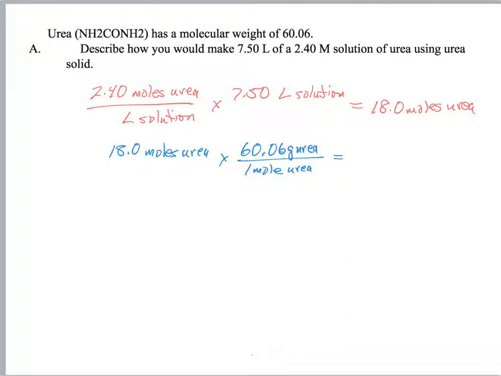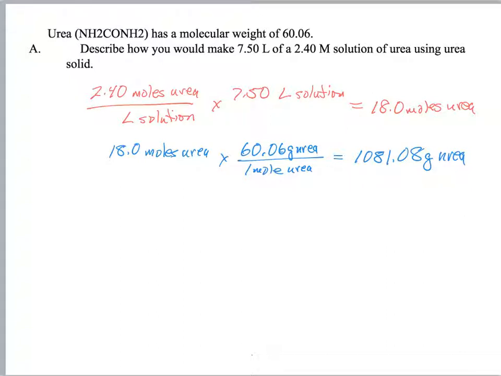And so when we multiply that out, we end up with 1,081.08 grams of urea. Now, we have extra significant figures here, but our extra significant figures won't hurt, because when we get to the balance we'll determine what we can weigh.